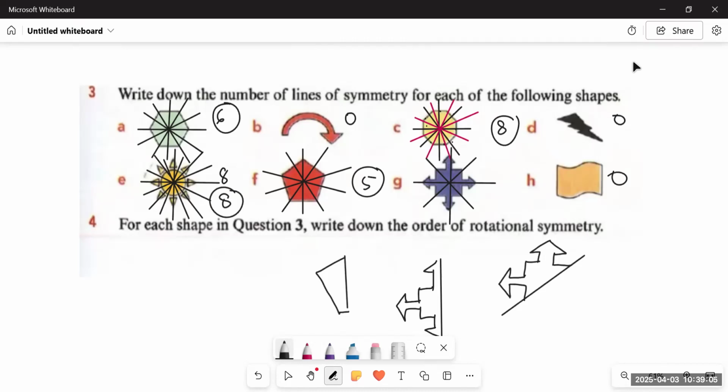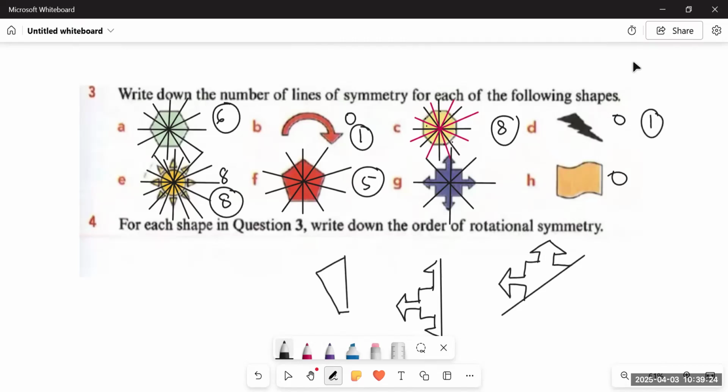And if we talk about part B, we will have only order 1 rotational symmetry, because it will only look the same upon rotating it completely, that is, upon rotating it 360 degrees. And if we talk about part D, again, it will have only order 1 rotational symmetry.